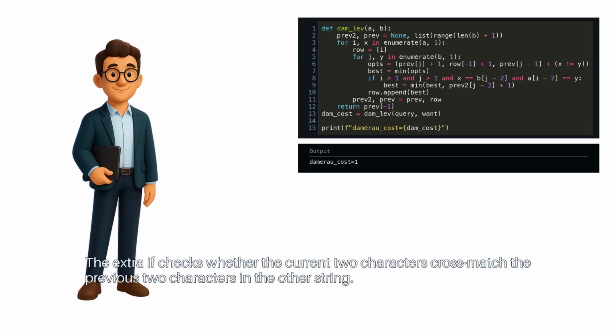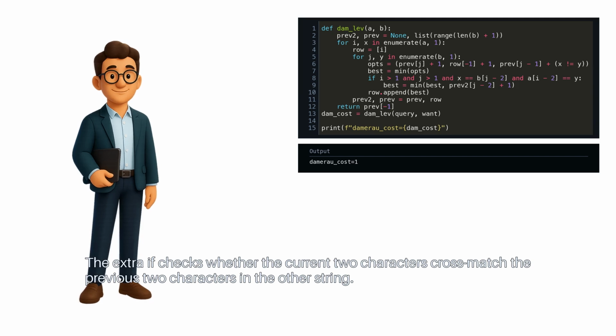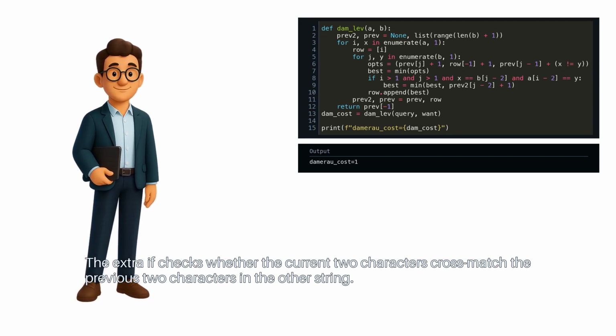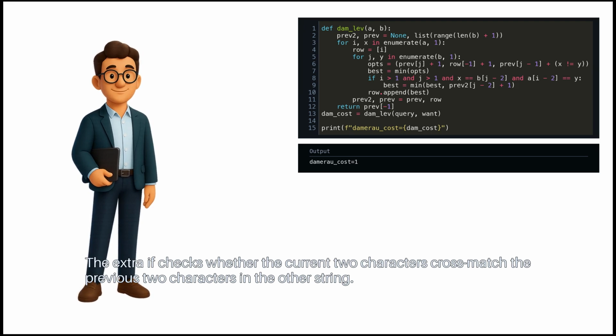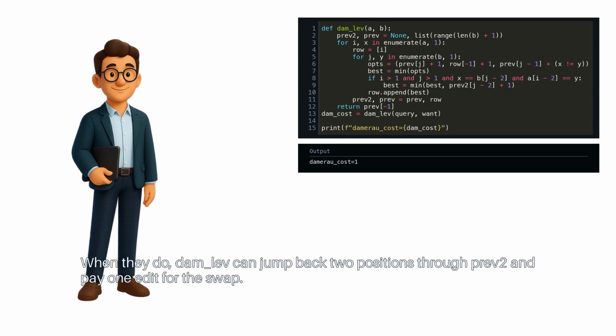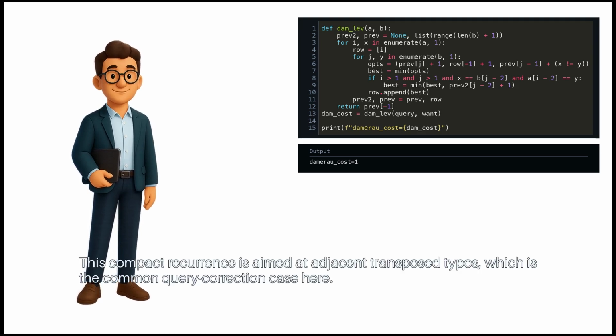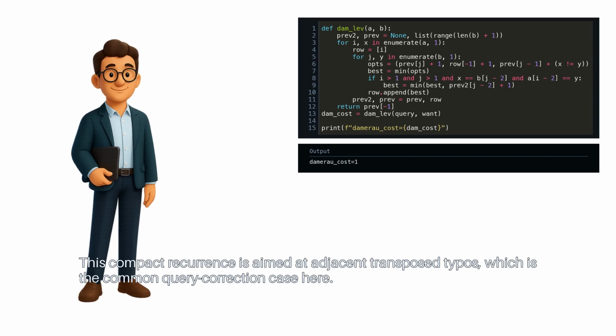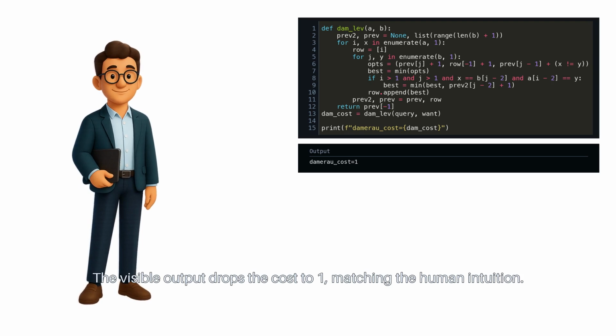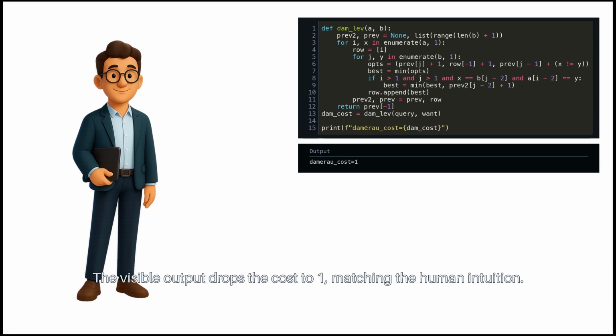The extra if checks whether the current two characters cross-match the previous two characters in the other string. When they do, damLev can jump back 2 positions through prev2 and pay 1 edit for the swap. This compact recurrence is aimed at adjacent transposed typos, which is the common query correction case here. The visible output drops the cost to 1, matching the human intuition.